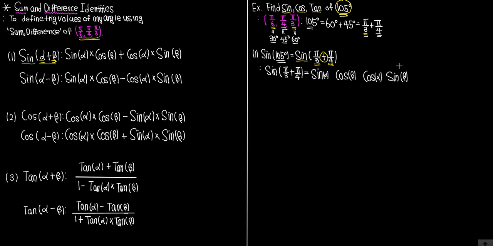This is how we remembered it. After we give some space, we need to remember that this is the sum identity for sine. That means the two products are connected by the positive sign, plus.